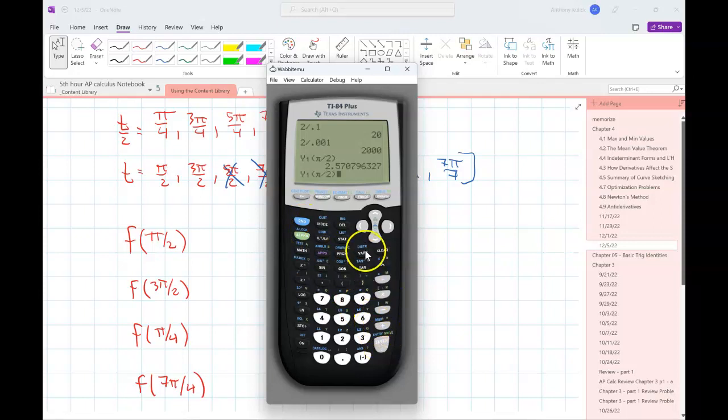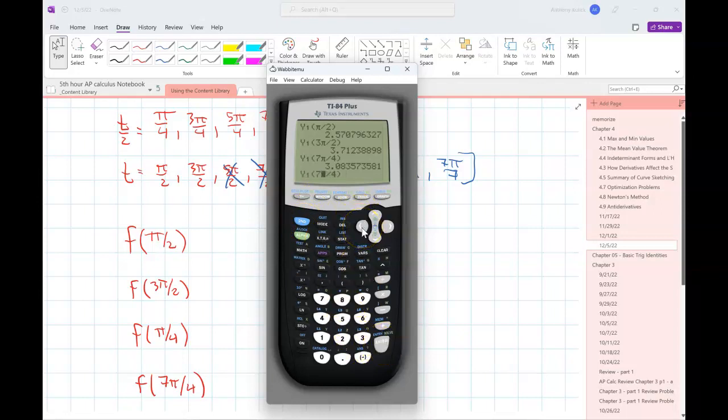There's that. 3 pi over 2. Okay. I'm going to do 7 pi over 4 first because it's going to be less keystrokes. So that's that. Okay, so this can't be anything, right? 3.08, because it's not the smallest thing, not the biggest thing we found so far.